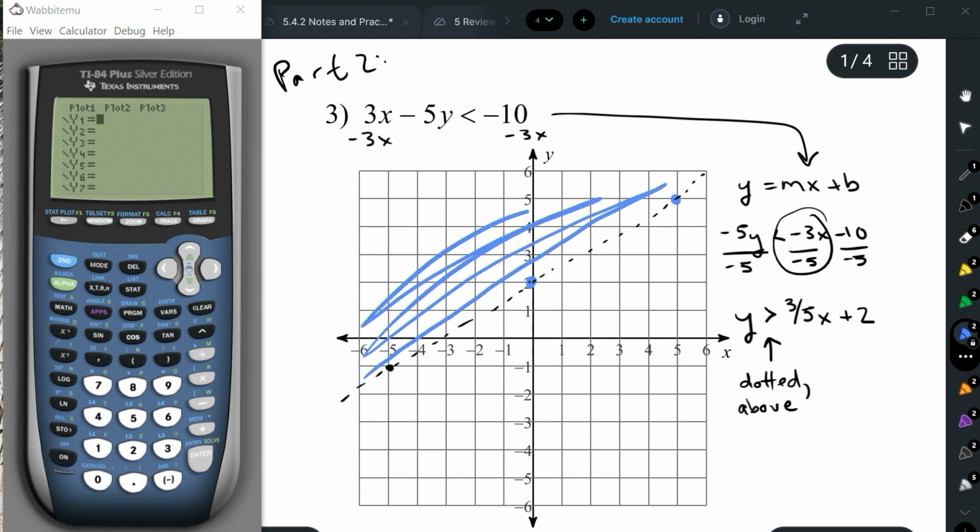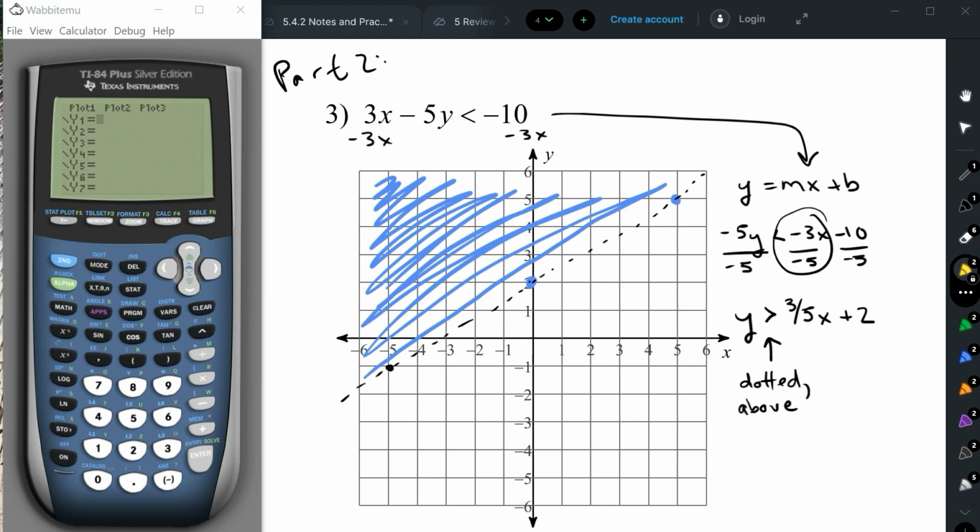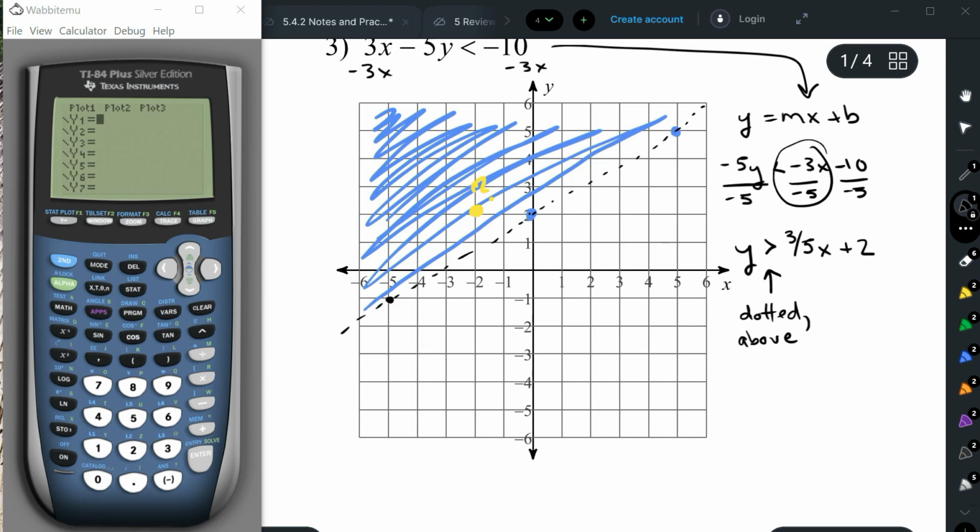Okay. Now again, let's pick a test point. Let's try out, does the point -2, -2 work? Okay. I like picking points that have the same x and y. That way you can just plug them in. Now, put them back into test. So test out the coordinate -2 and 2.